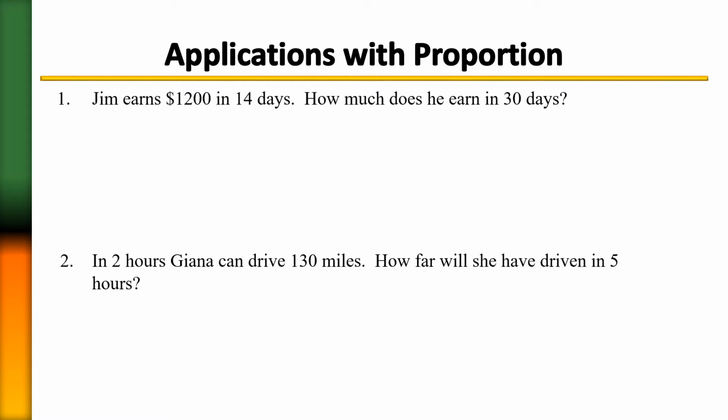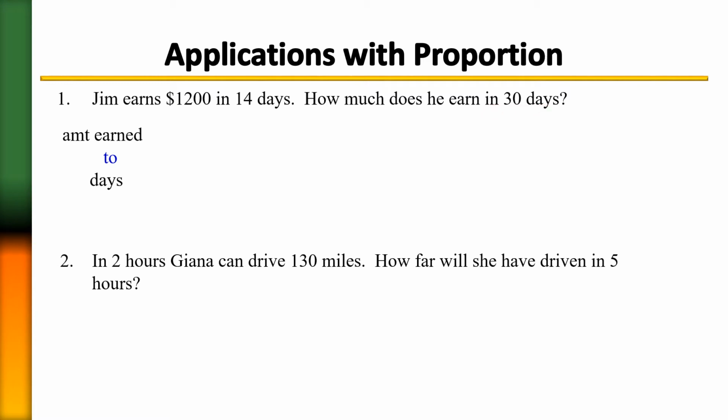On the other side you're going to have your third number. The third number that is mentioned, you have to decide whether it goes on top based on what you're comparing. So if we look again at the very beginning, we're comparing amount earned to days. So the third number that is mentioned is days.